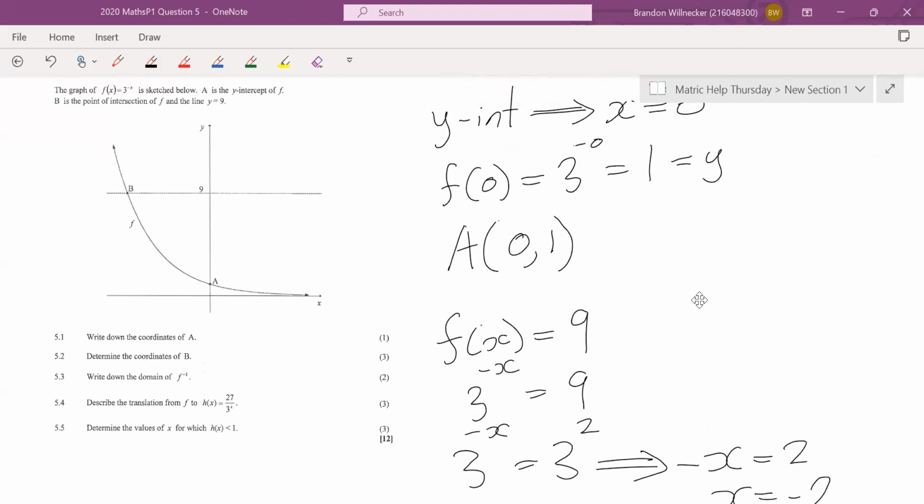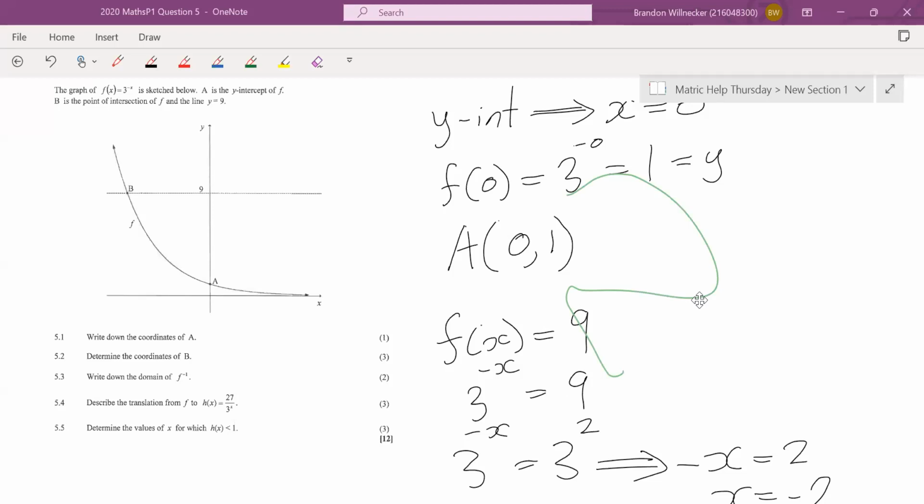5.3, write down the domain of F inverse. Now there are 2 ways to go about doing this. Either we can do the trick whereby if we know the domain and the range of the original function f, then they swap when we look at the inverse.